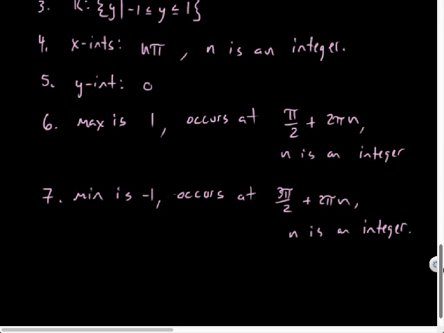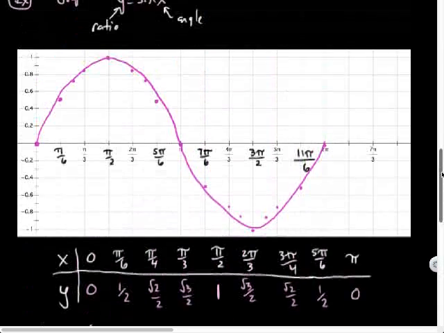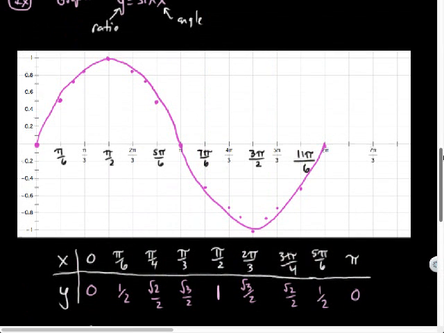Now, having a graph of sine, you're actually able to figure out, for instance, when is sine equal to a half. We've been able to answer that using trig inverses and stuff like that. But here, I can see that it's going to occur here at pi over 6 and here at 5 pi over 6.